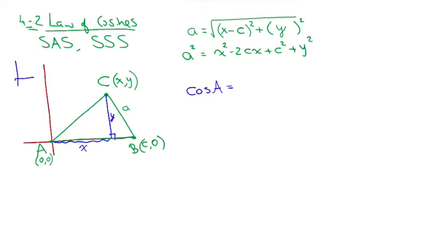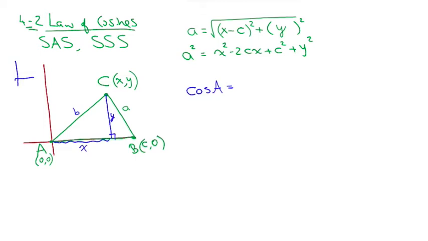If this is vertex A and this side is little a, and this is vertex B, this is little b. All right, so finish that off.